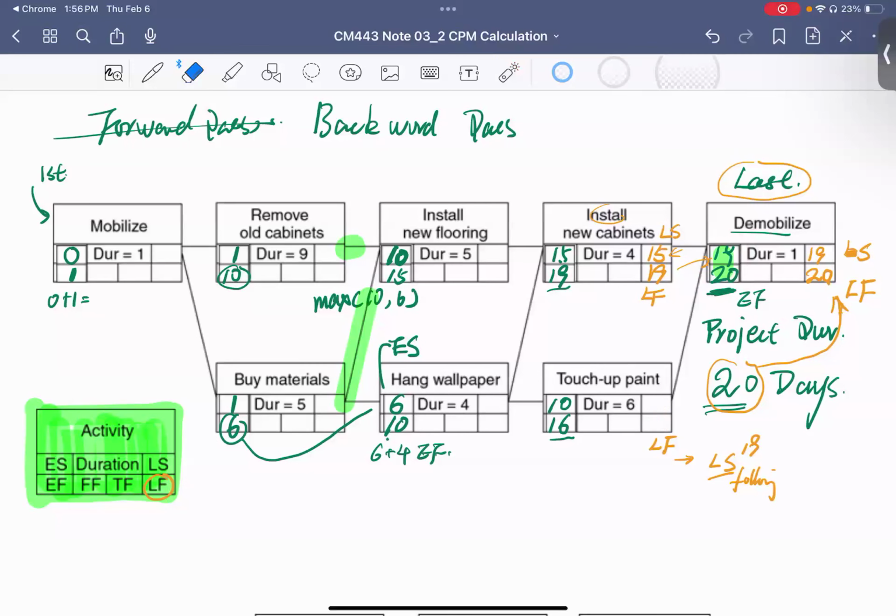So this will be 19 and 13. Okay? I have a question. If it's LS on the top and LF at the bottom, would it matter if it's 19 on top and 13 on the bottom? It really matters.